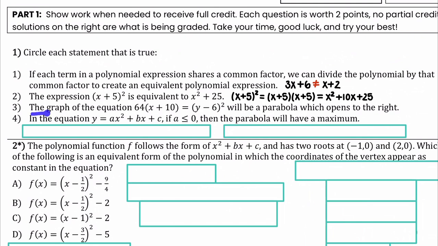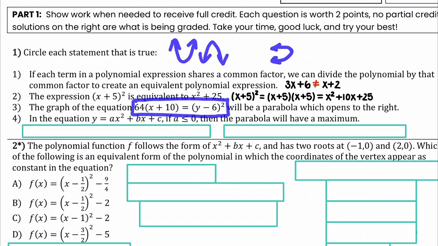Here we have: the graph of the equation 64 times (x plus 10) equals (y minus 6) squared will be a parabola which opens to the right. So let's first identify, looking at this equation, is this going to be an up-down parabola, or is it going to be a left-right parabola?